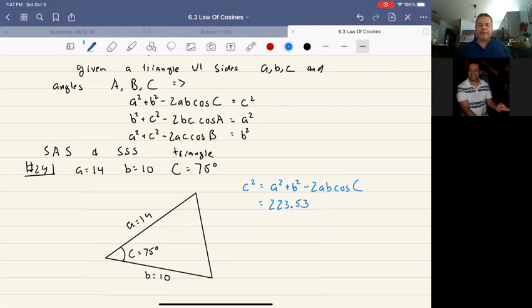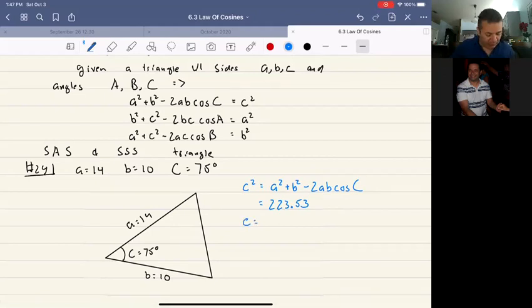I'm just going to take what I have and take the square root of it.